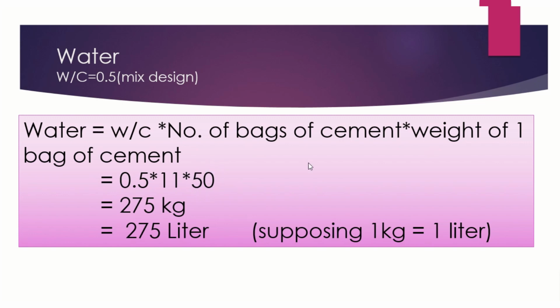So weight of one bag of cement is 50 kg. After calculating this we'll get 275 kg of water. Now suppose 1 kg of water is equal to 1 liter of water. So ultimately we'll get 275 liters. Then for 1 meter cube of concreting we require 275 liters of water.